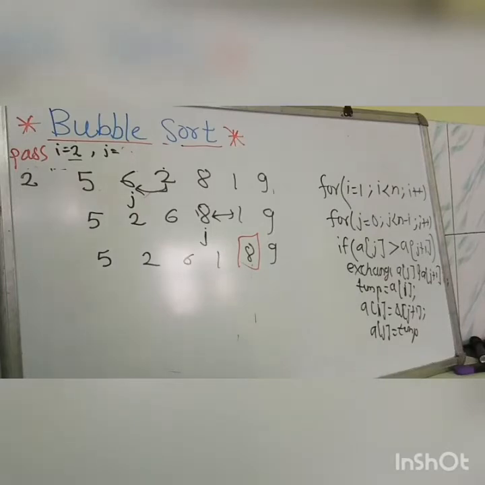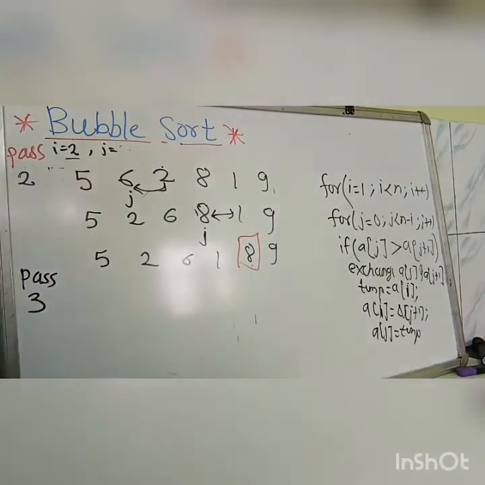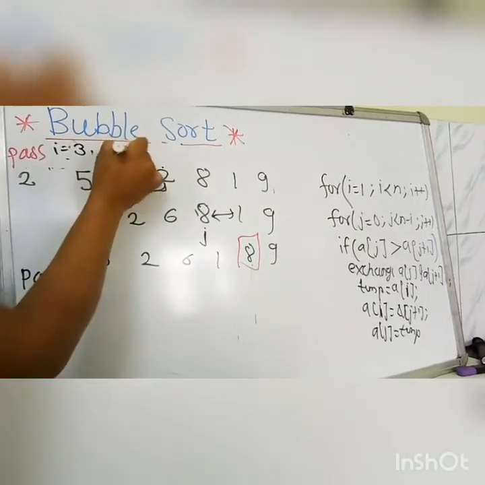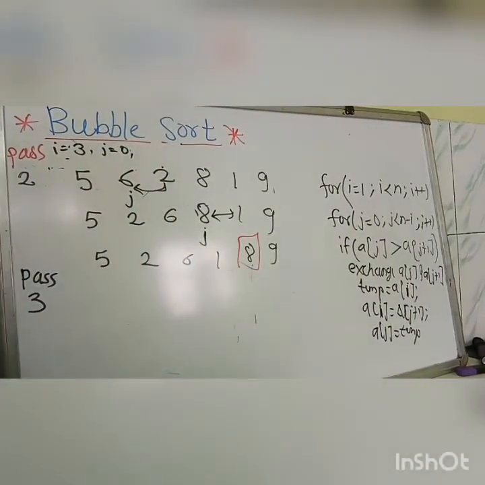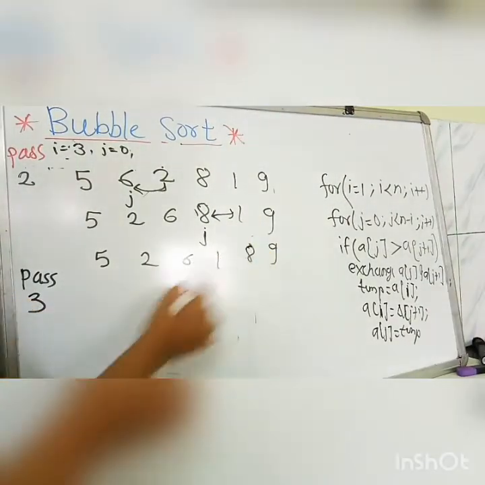It will take passes until all the data is sorted. So it will come to pass 3. Now in this case, I becomes 3, but j always starts from 0. Now take this list to the third pass.